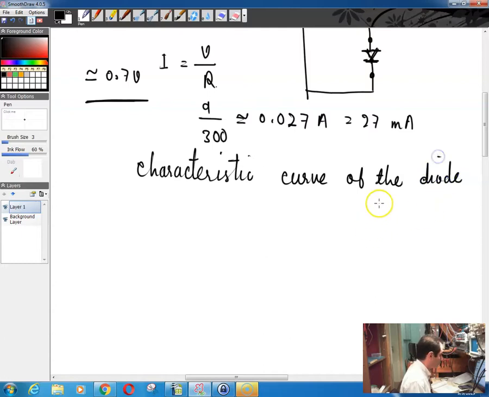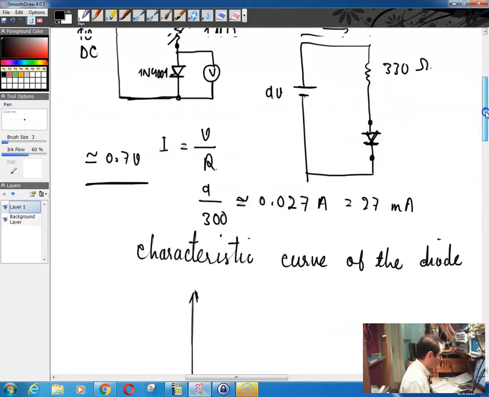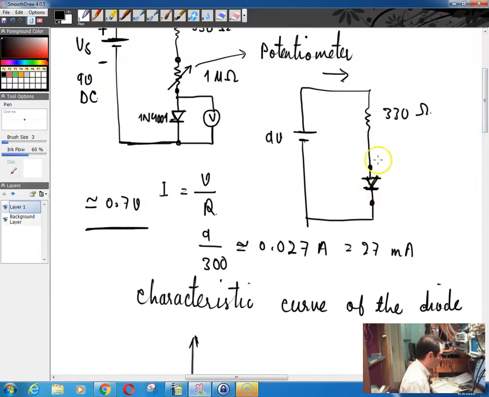So the characteristic curve of the diode, what that is, is that the characteristic curve looks something like this, meaning that if you have a diode in your circuit, there is a voltage coming in. This is your anode.